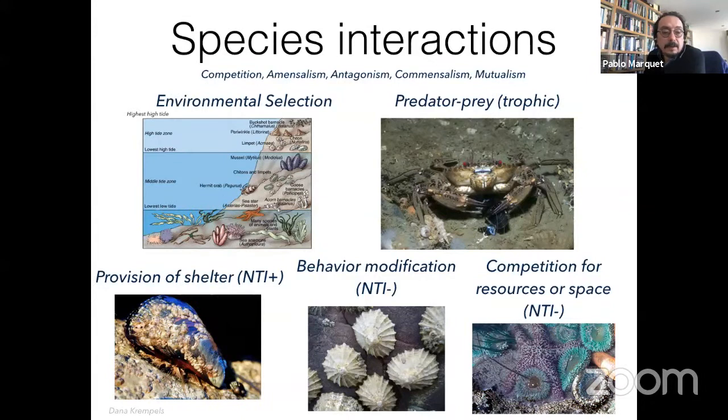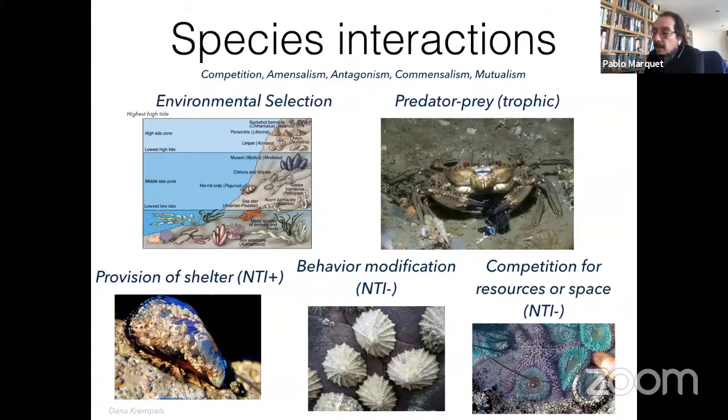You have non-trophic interactions that are positive, for example, substrates or mussel beds that provide shelter for organisms. Like here, you see the mussel, which actually is a substrate and shelter for different kinds of organisms on its top.